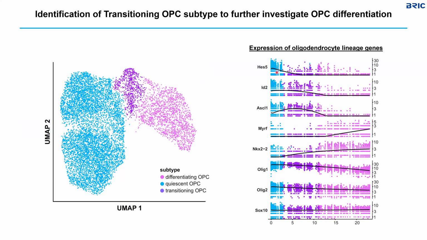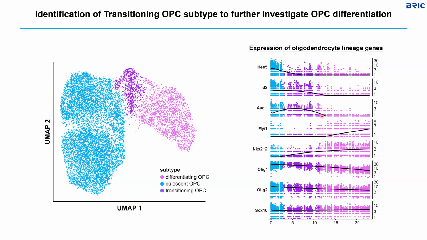So this fine resolution of how transcription factors and genes change along this time course has not been fully studied before. So here you can see that HES5, ID2, ASCL1 is highly expressed in this transition, quiescent OPC and transitioning OPC state.